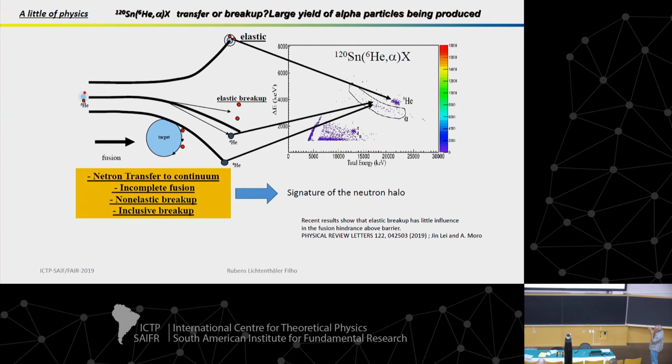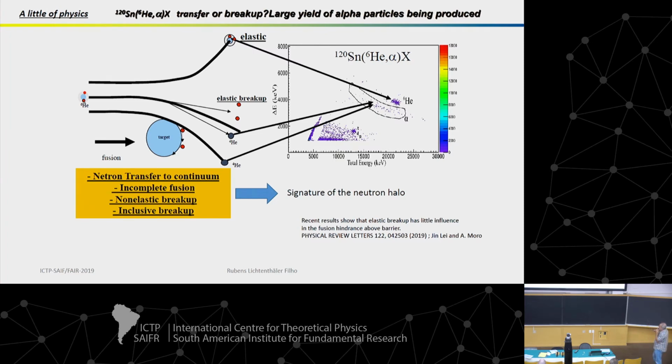There is a list of names here. These are names of the same process: neutron transfer to continuum, incomplete fusion, non-elastic breakup, inclusive breakup. These are all names for the same process. So you produce an alpha particle, but you leave the target very excited.